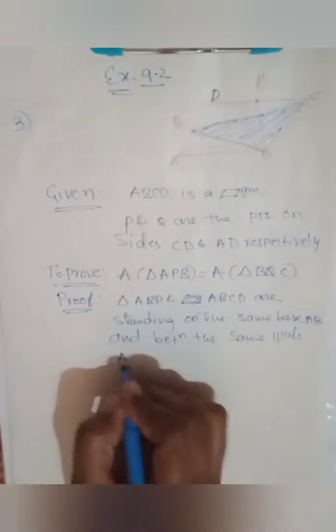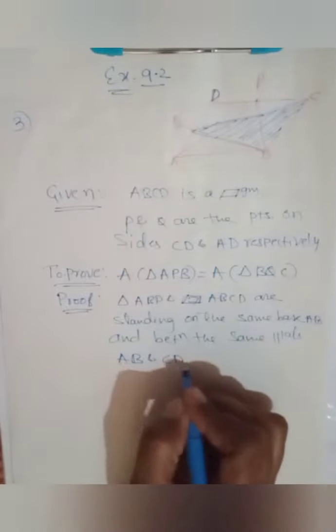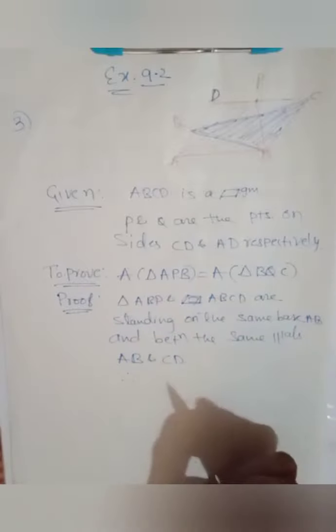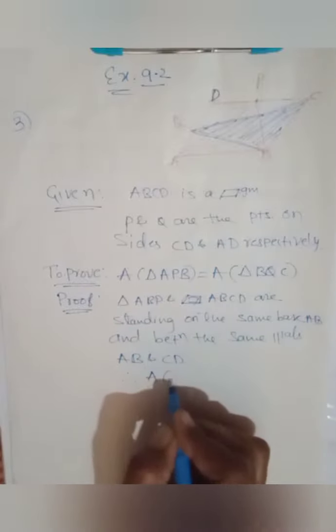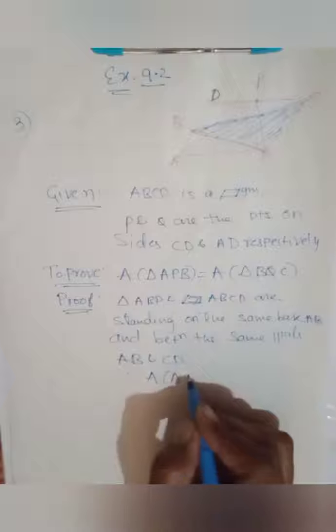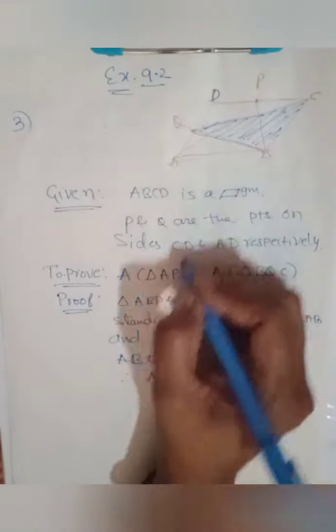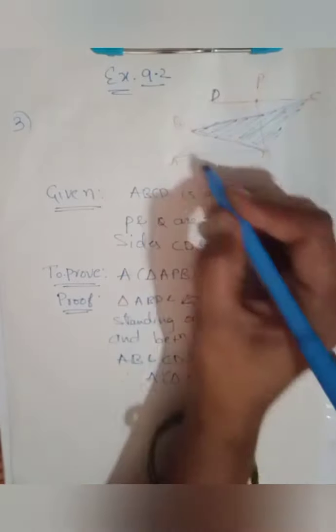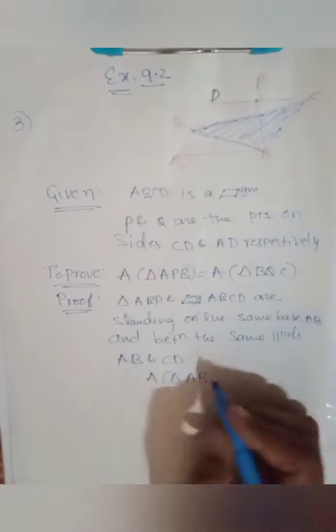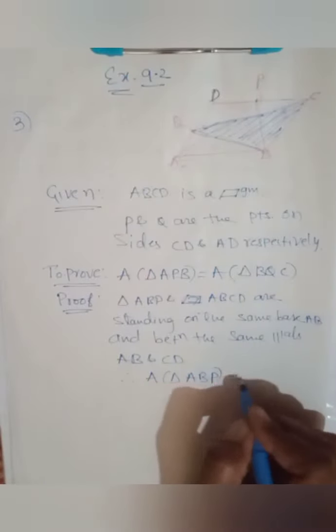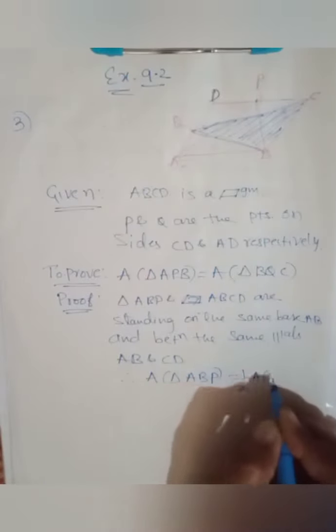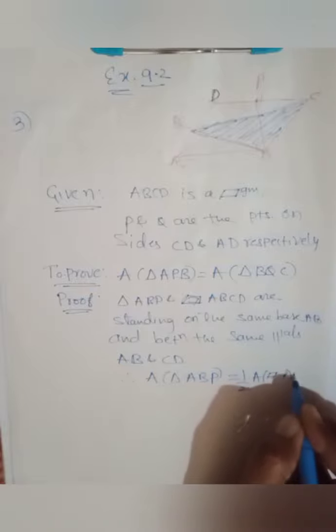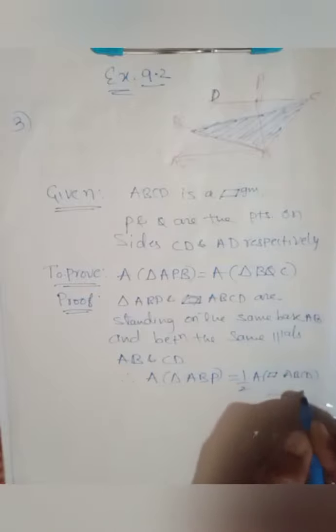Which are the parallels? AB and CD. Therefore, area of triangle ABP is half the area of parallelogram ABCD. We call it 1.